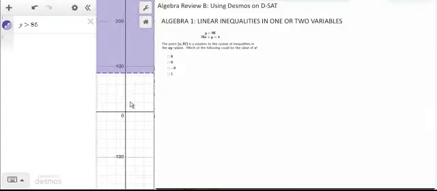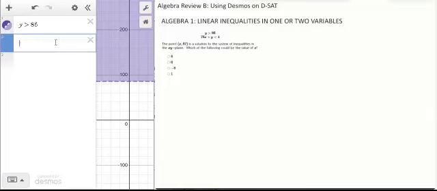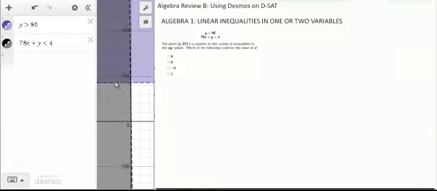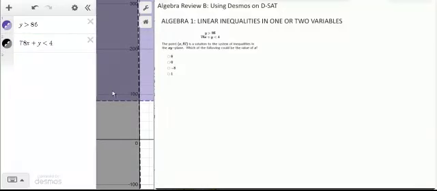Notice it shades everything that's part of the solution, where y is greater than 86 here. And then when you type your second inequality, 78x plus y is less than 4, where there's overlap, that's your overall solution. So the solution is going to exist in this little corner right here. This upper left quadrant is the solution.